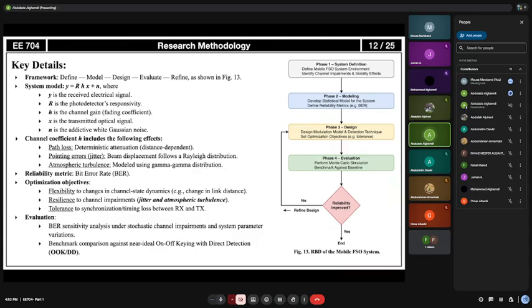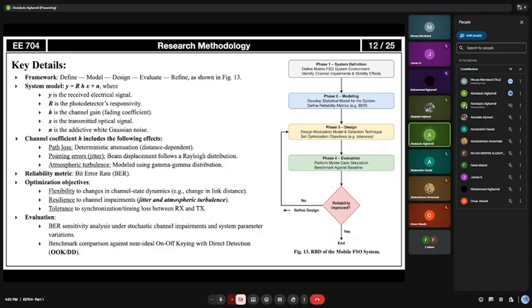Moving to phase 3, we designed the modulation and detection technique and set the optimization objective. Then in phase 4, the evaluation, we performed Monte Carlo simulation and benchmarked against a baseline modulation and detection technique. Following that, we decide whether the reliability is improved or not. If not improved, we need to refine the design. Otherwise, the design is okay.